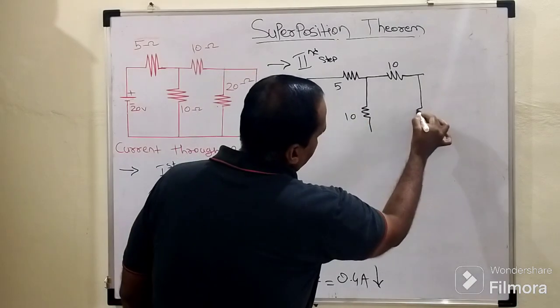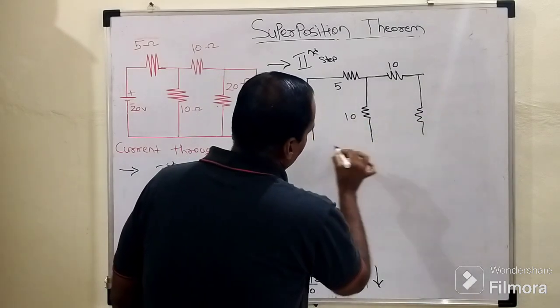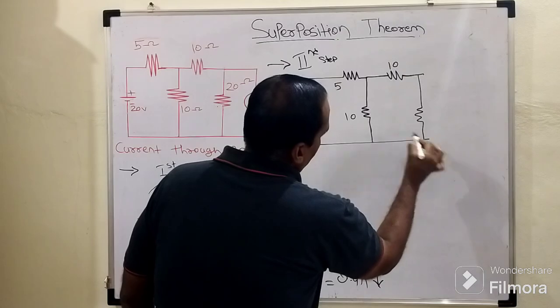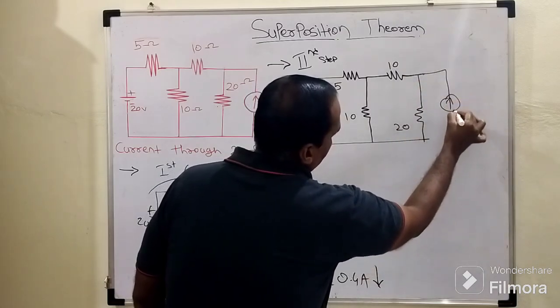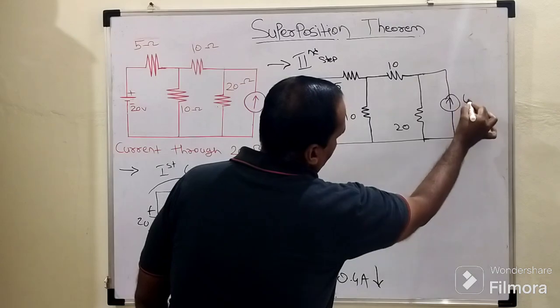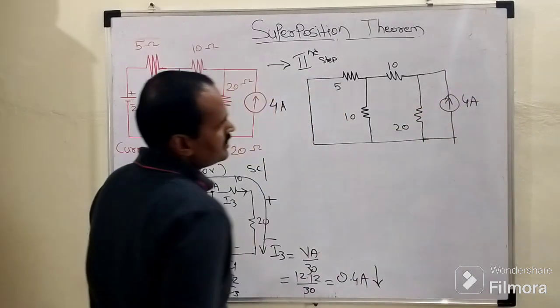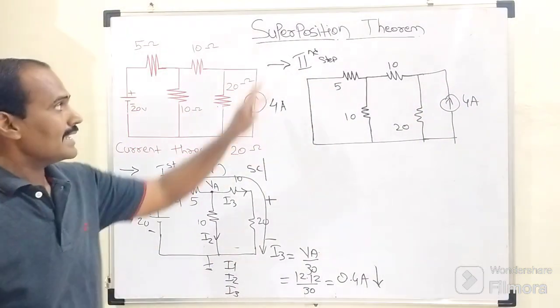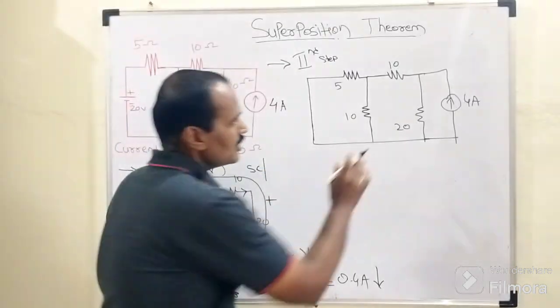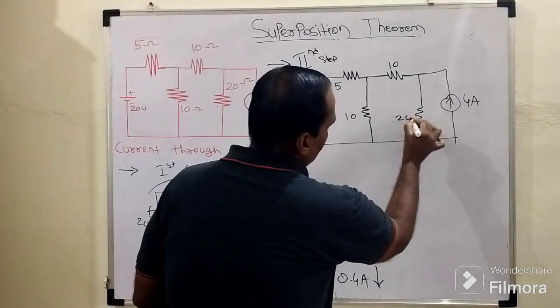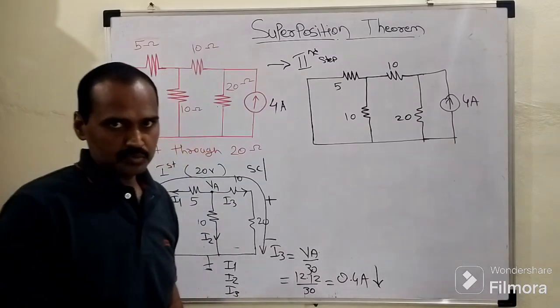And this is our target resistor of 20 ohm. Now we need to connect this current source of 4 ampere, right? So this is how the circuit will look like in step number 2 to determine the current flowing through this 20 ohm resistor due to this 4 ampere current source.